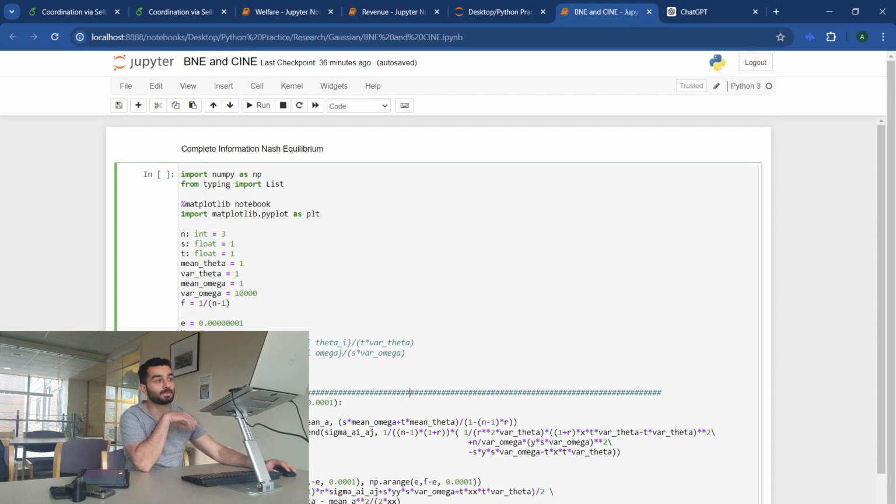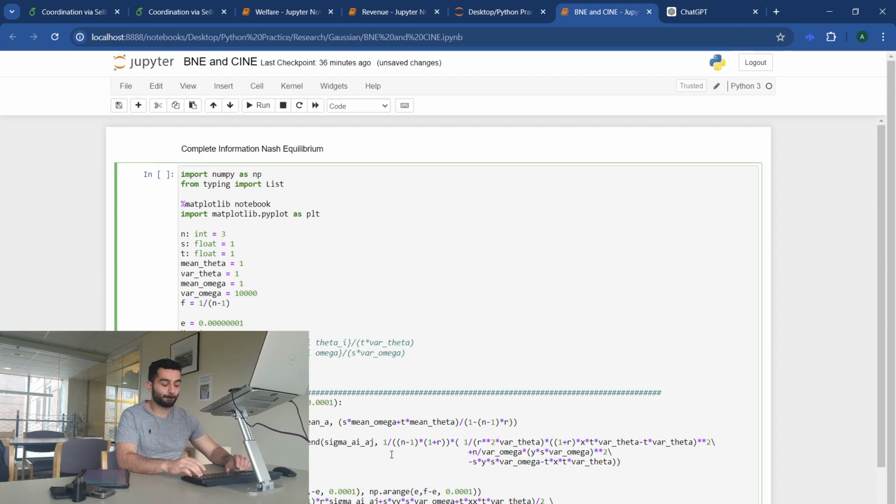Okay, we need a function that gives us x. X equals 1 minus n minus 2 times r over 1 plus r times 1 minus n minus 1 times r, right?